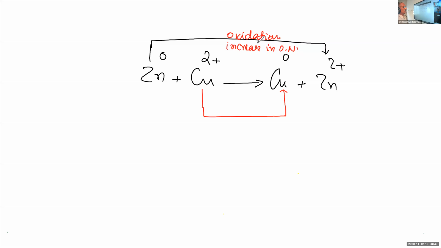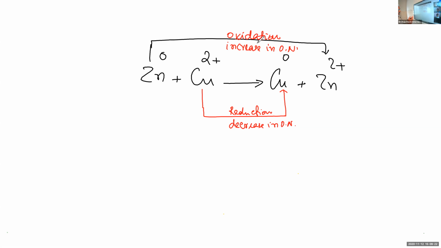Plus 2 to plus 1, decrease. Plus 2 to 0, decrease. Plus 2 to minus 1, decrease. Plus 2 to minus 3, decrease. So there is a decrease in the oxidation number, and therefore that is a reduction.